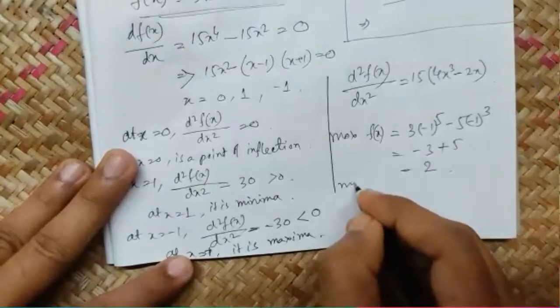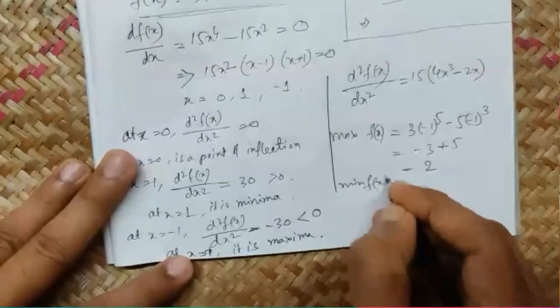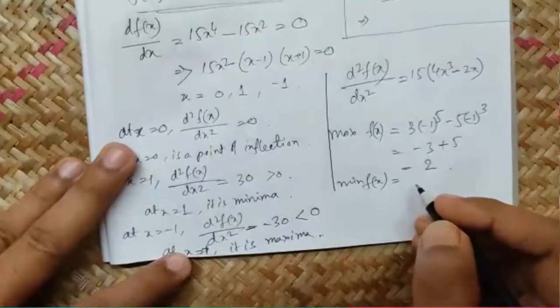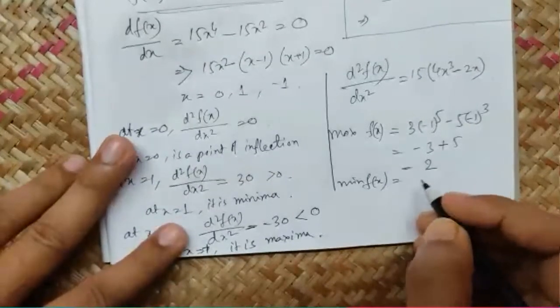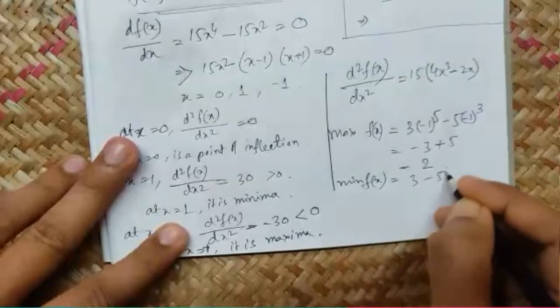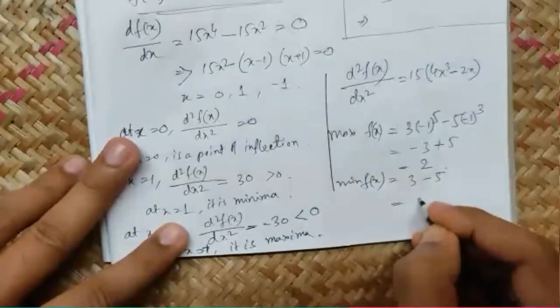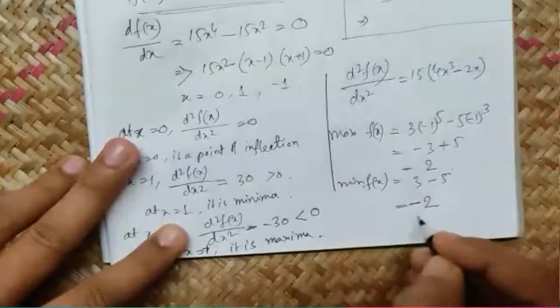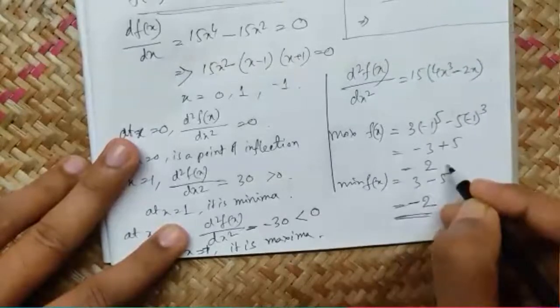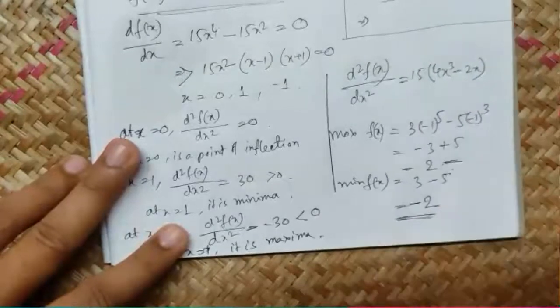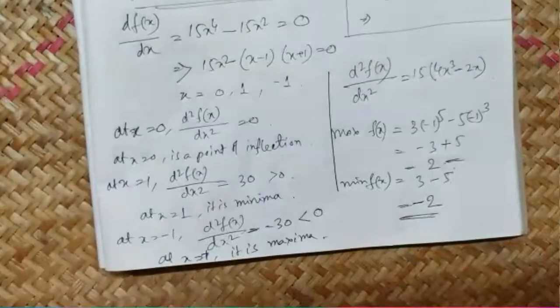And the minimum f(x) will be found by putting x equal to 1: 3 minus 5, so it will be minus 2. So this is the minimum value of f(x), and this is the maximum value of f(x). Okay, with this problem we will stop today.